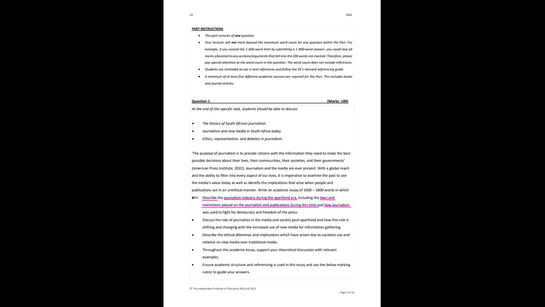So what your essay should be doing here is highlighting, like it says here, the laws and the regulations put in place to deliberately limit the media and painting a truthful and fair and accurate representation of South Africa during the apartheid era.